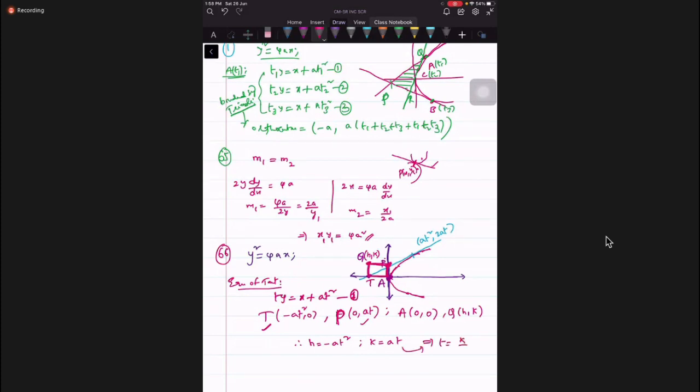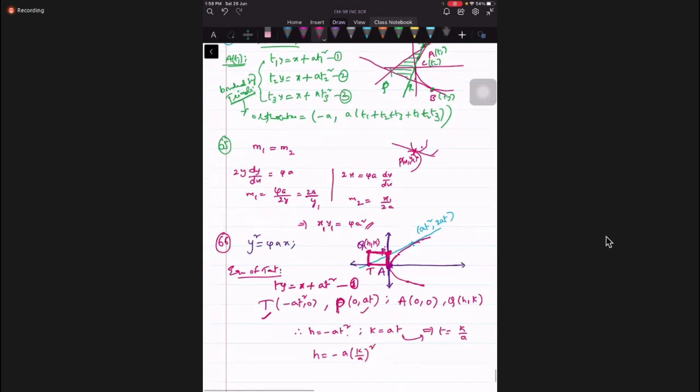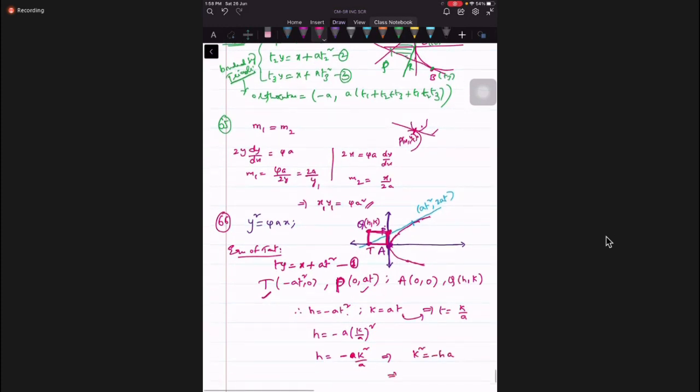One second. P can come from here, students, and I substitute P by the whole square. So h equal to minus a k square, correct? Then a k square is minus h.